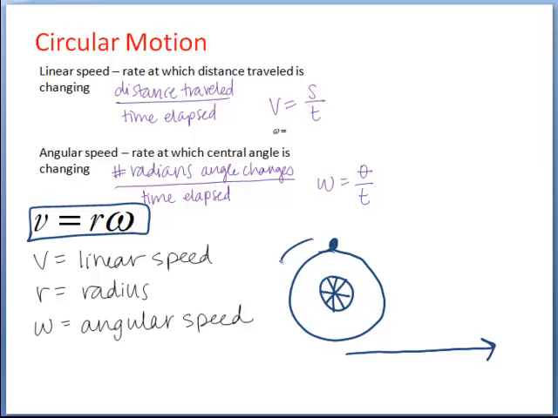So that is omega. Then the speed that your rock is actually moving down the street is your linear speed, which is V. So the linear speed is always the radius multiplied by the angular speed. Okay, so we're going to apply that formula in our next slide here.